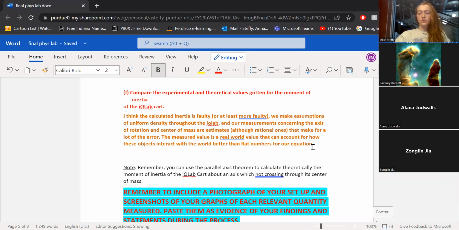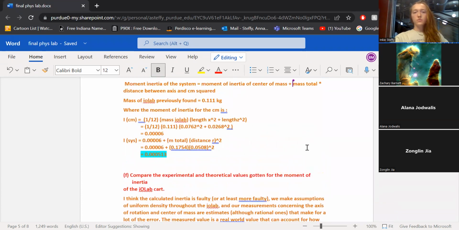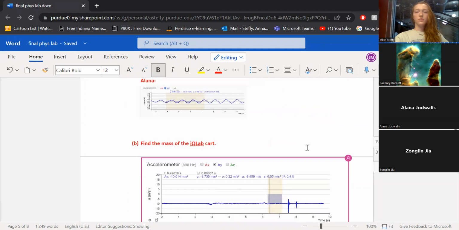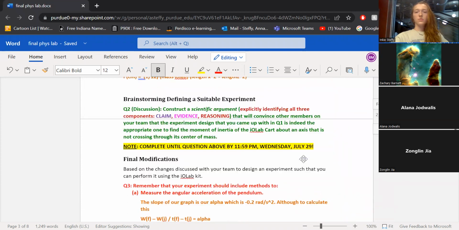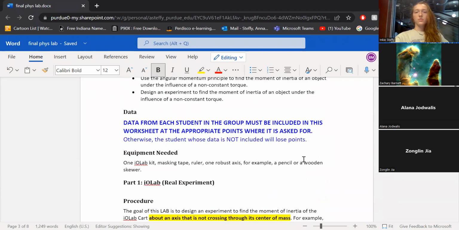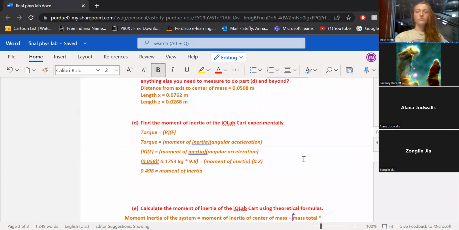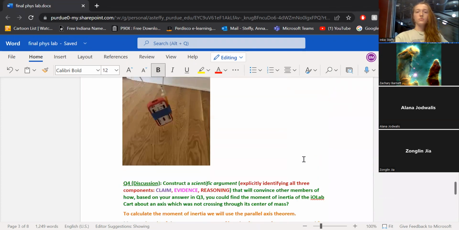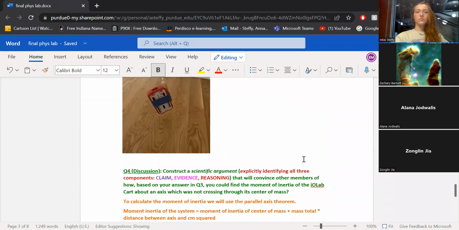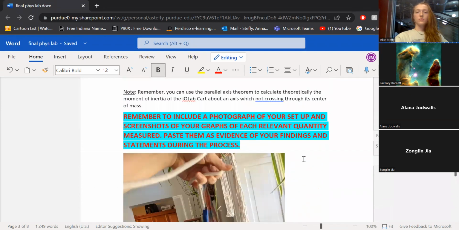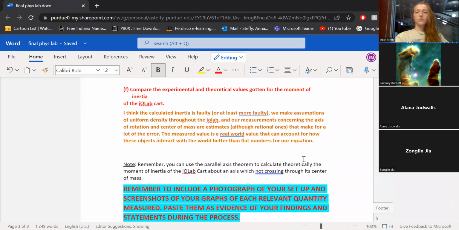I just posted the image of my setup, so you can see that the stick is kind of too long and too thick, so the length is really hard to measure. So I didn't find the final value because I'm not sure if I should assume that the length is from the middle of the overlap to the end of the stick. I see. Yeah, I should post my images in the document.